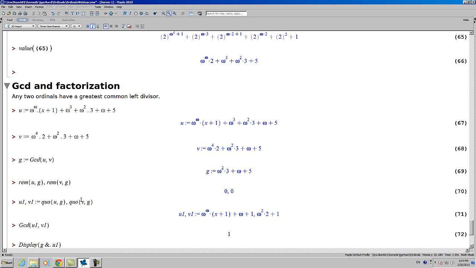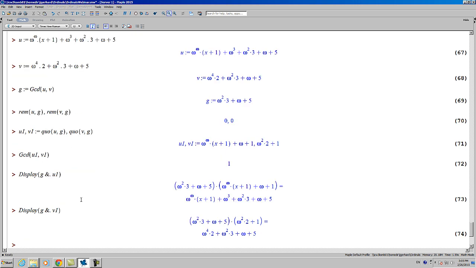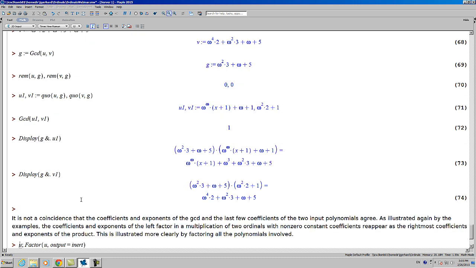So 1 is the only common term on the right that those two polynomials have. And we can verify that, well, that's by construction already. If we multiply g by its cofactor, we get input polynomial u back. If we multiply g by the other cofactor, we get the input polynomial v back.